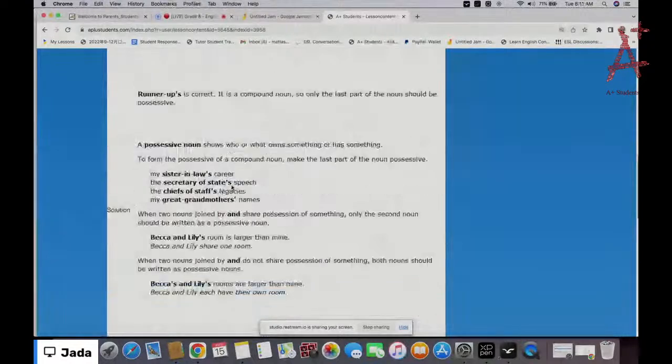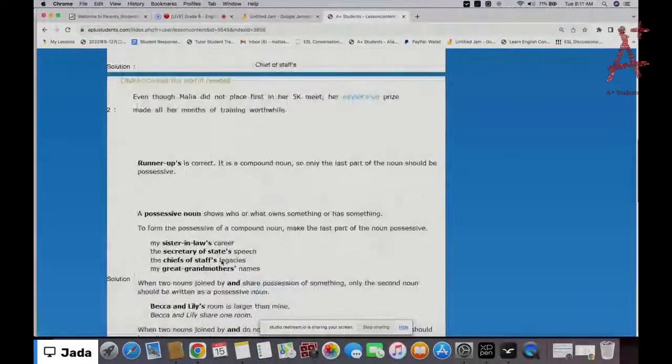It should be runner ups, not runners up. It is a compound noun, so only the last part of the noun should be possessive.